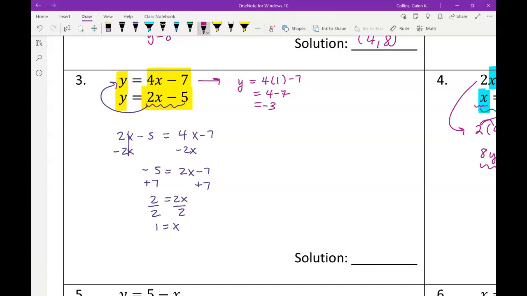And I can just check in my bottom equation, do those both work out? So if y is negative 3, the right-hand side is 2 times 1 minus 5. It checks out. So both x and y make both equations true at the same time, which is why that is our solution. So 1, negative 3.